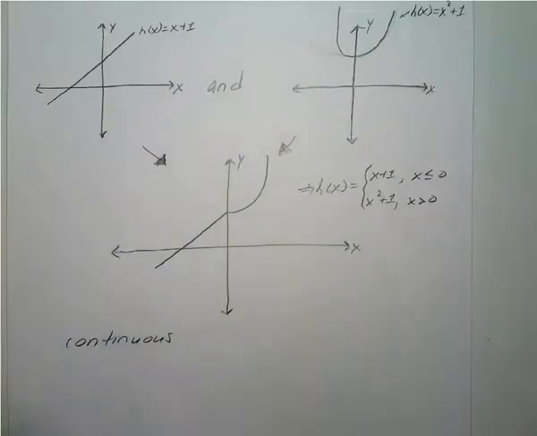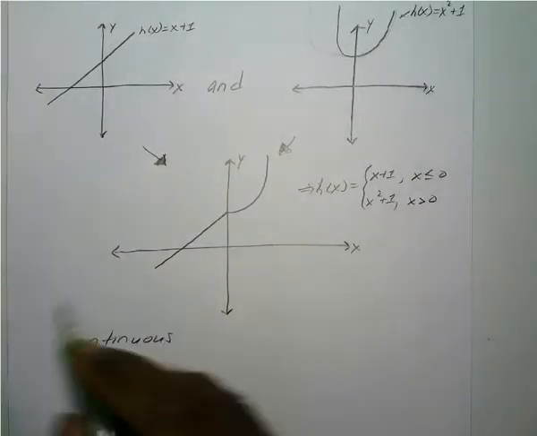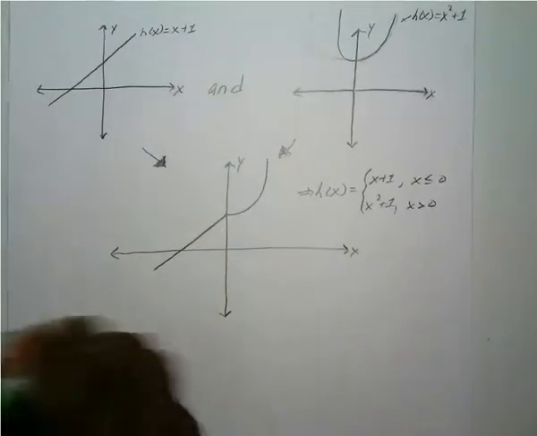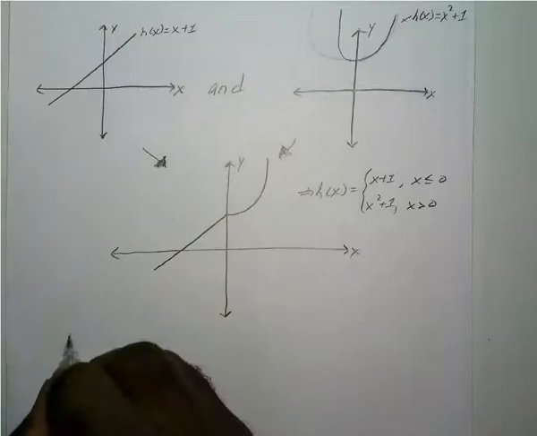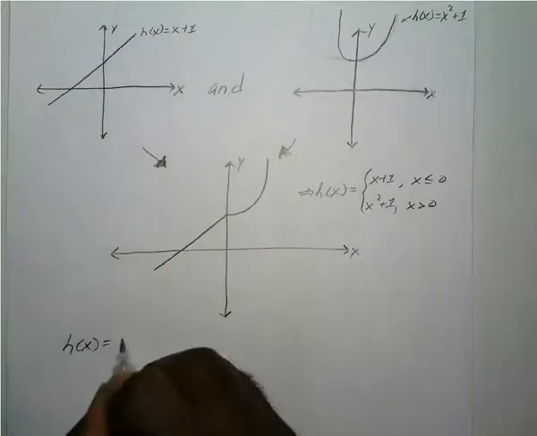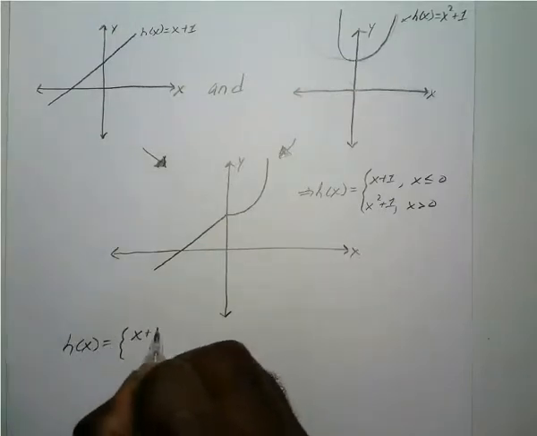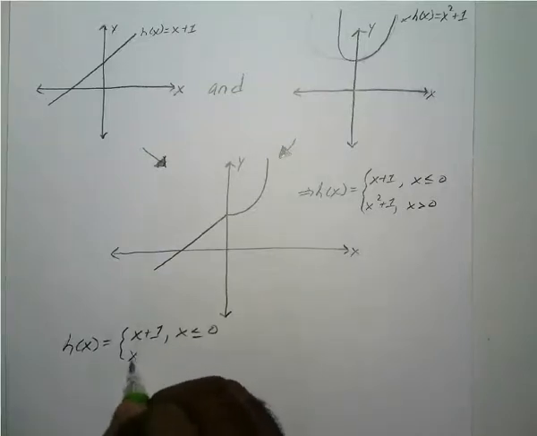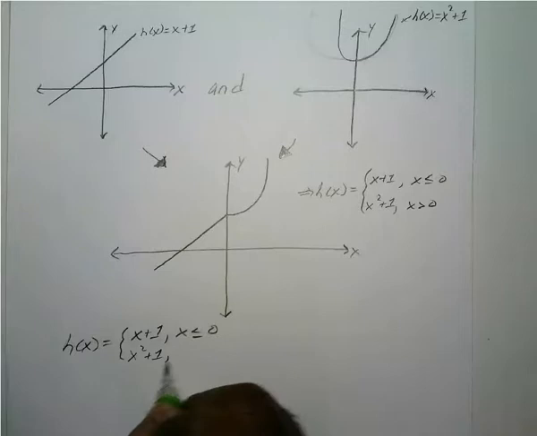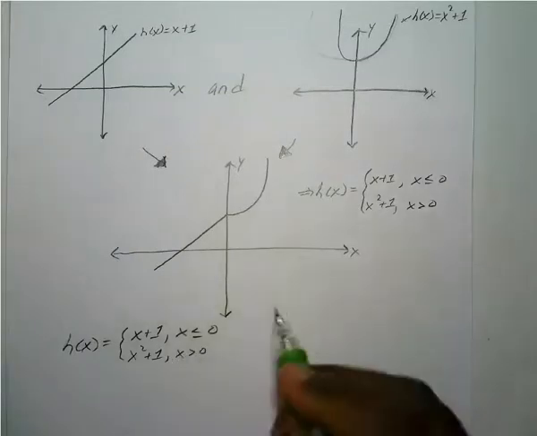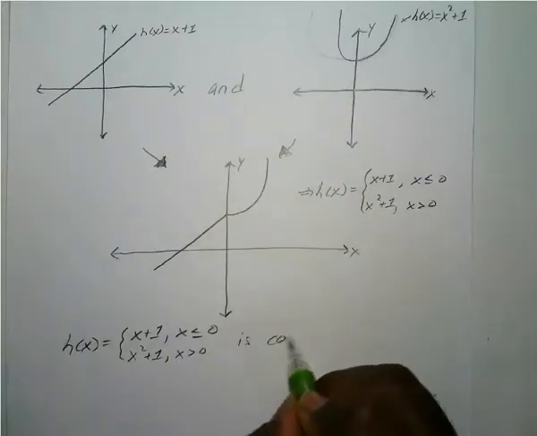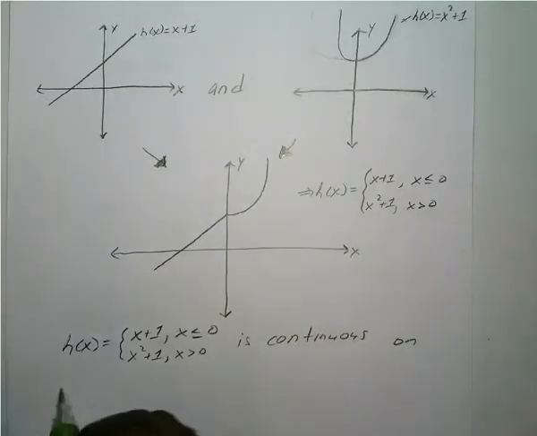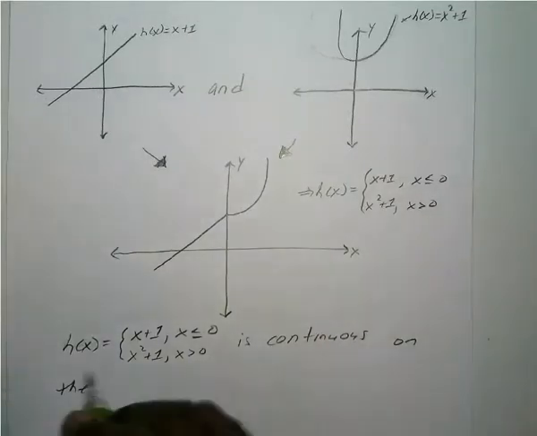Well, let me make sure, h of x equals x plus 1 for x less than or equal to 0, and x squared plus 1 for x greater than 0 is continuous on the entire number line.